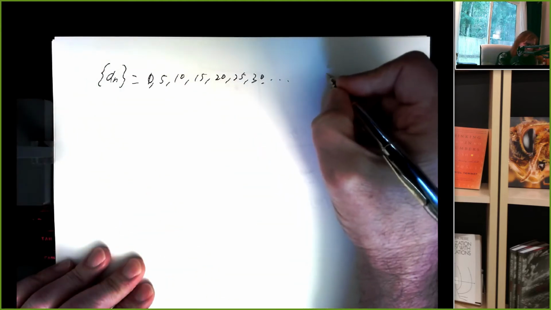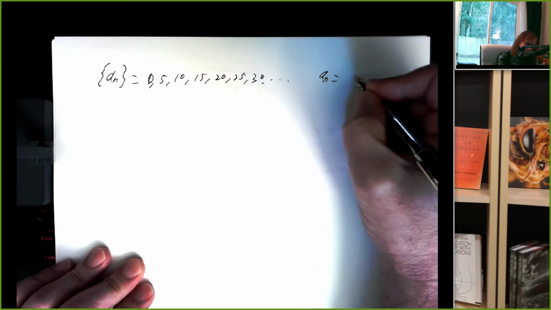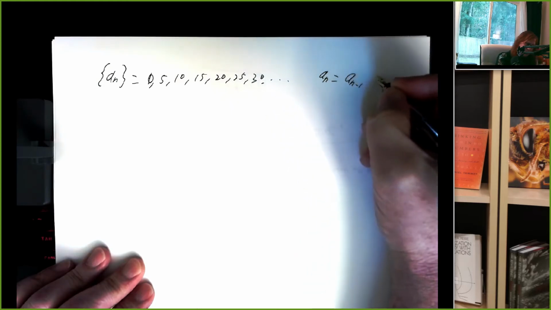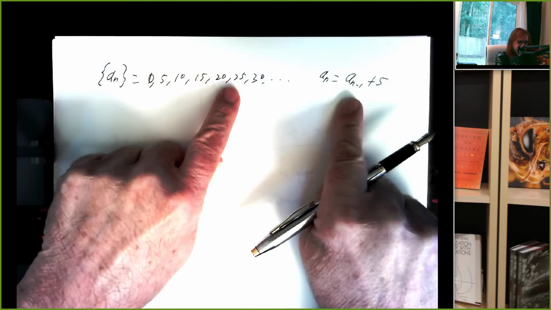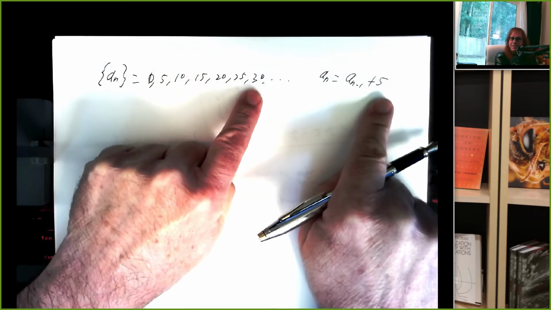A recurrence relation might be a subscript n equals a subscript n minus 1 plus 5. In other words, if I know the n minus first term, I can add 5 and find the nth term.